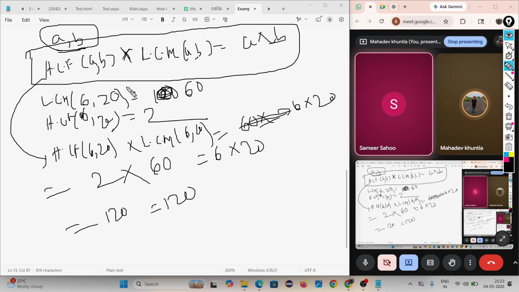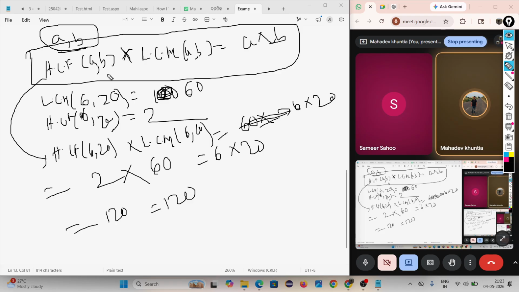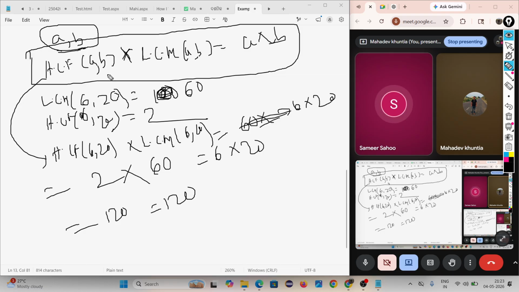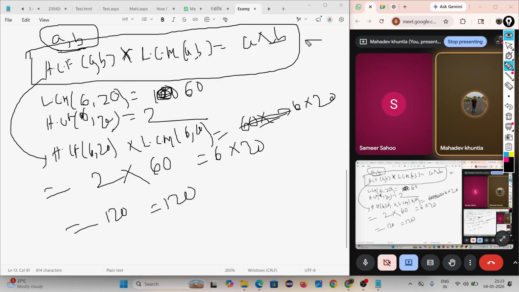You have to remember, for any two numbers, HCF into LCM is equal to the product of the two numbers. It is applicable only for two numbers, two positive numbers.